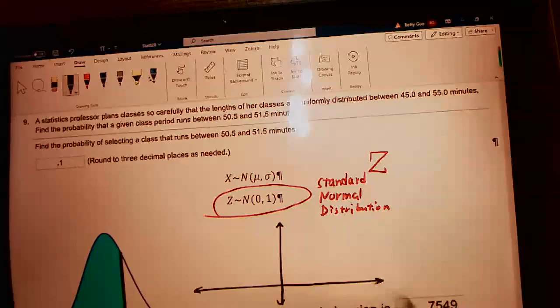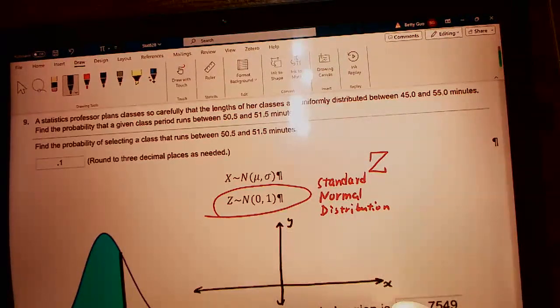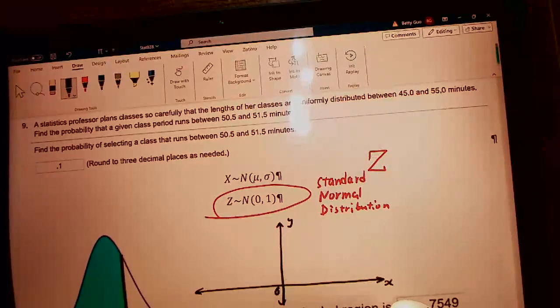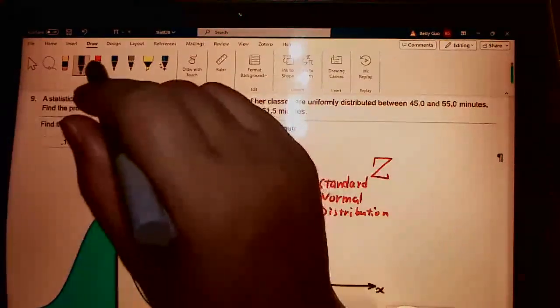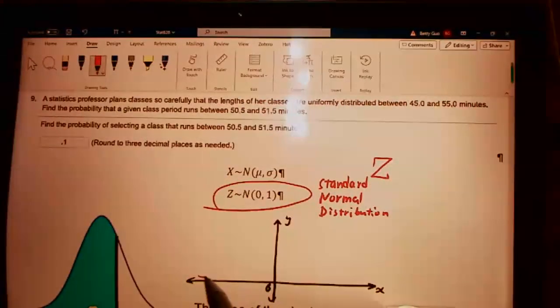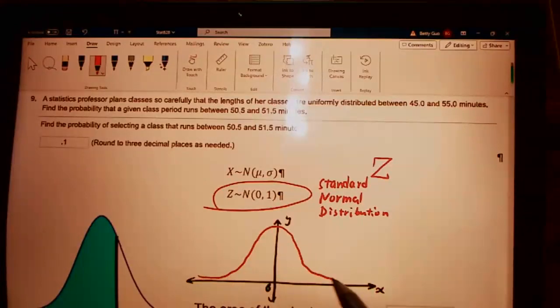The density curve of a standard normal distribution looks like this. Firstly, the standard normal distribution curve has 0 as the center. So the curve is symmetric with respect to the y-axis. It does not stop like the uniform distribution.